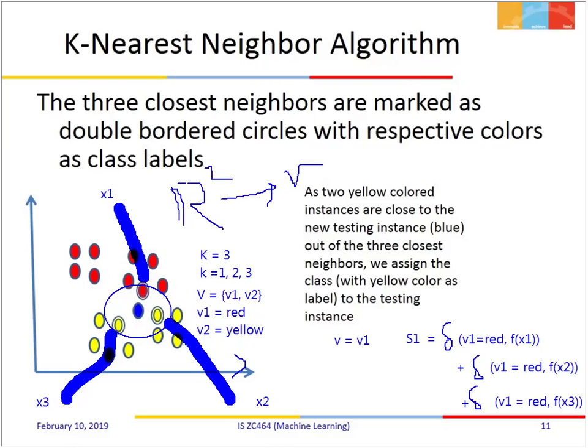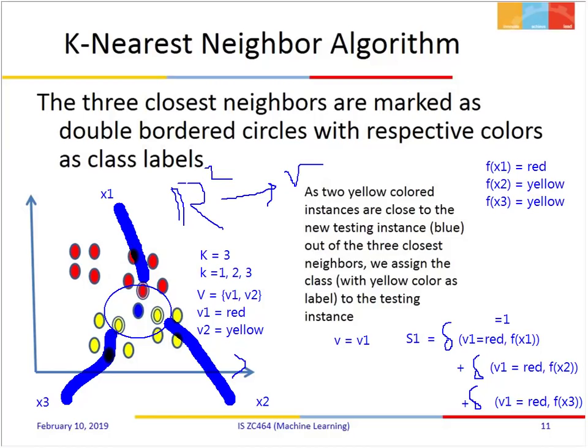So you have already seen the delta function. It actually gives a 0 when V1 and fxi are different. If let us say in this particular sum of S1, if we have delta V1 equal to red and fx1, these two are same, so it will contribute to 1. So I will write here equal to 1 on top of this.